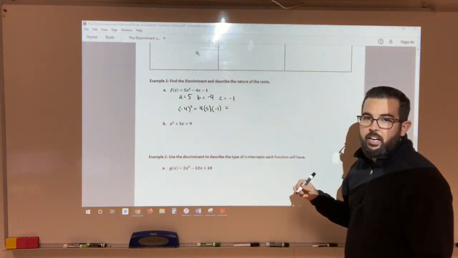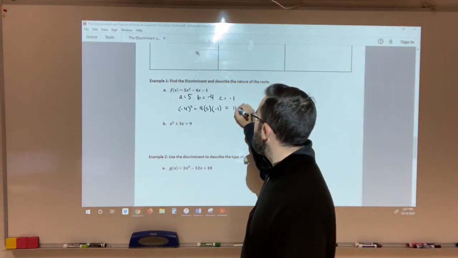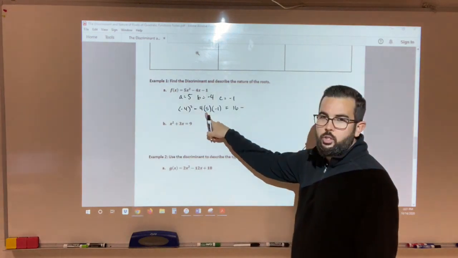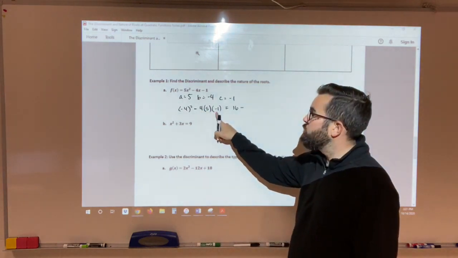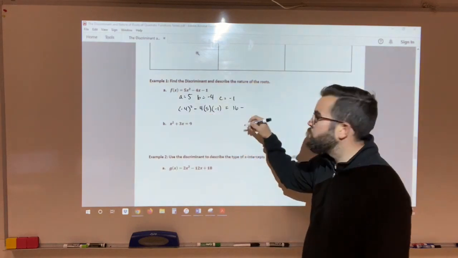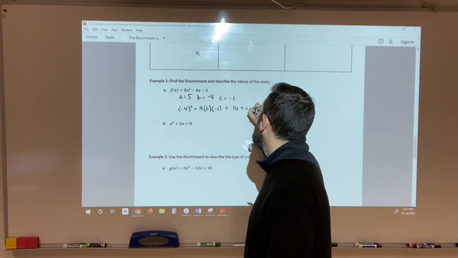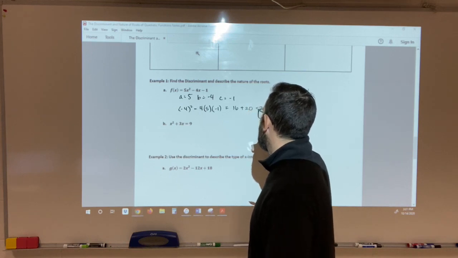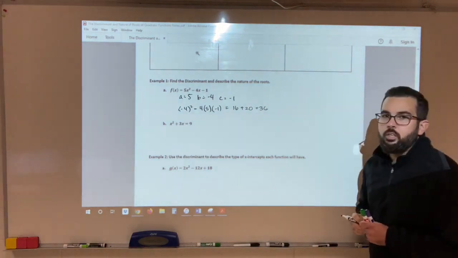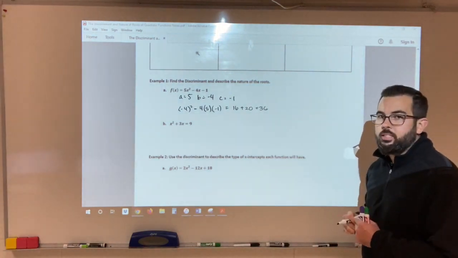Now I got to simplify that. So I have 16 minus 4 times 5 is 20, times -1 is -20, but I have a minus, so minus and -20 is going to be plus 20. It's equal to 36.